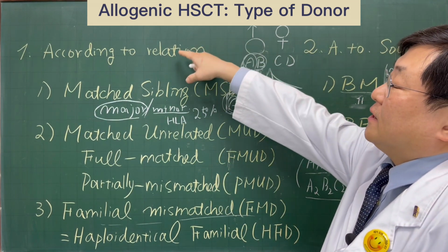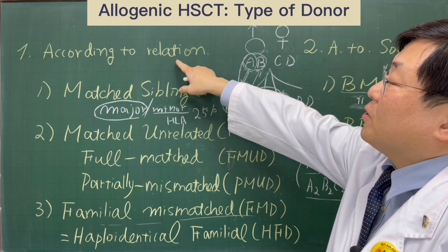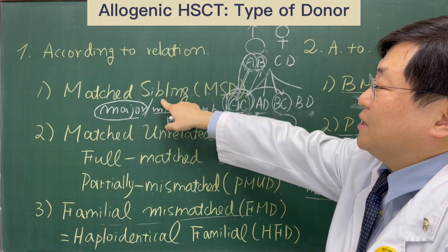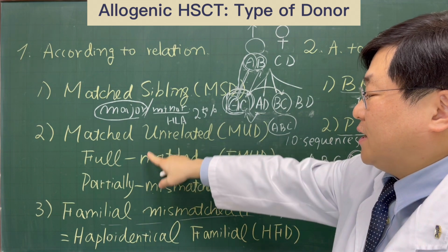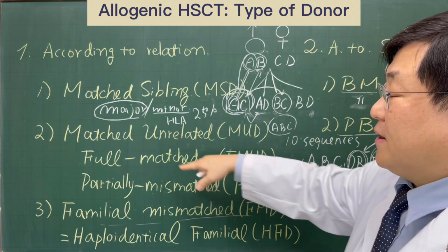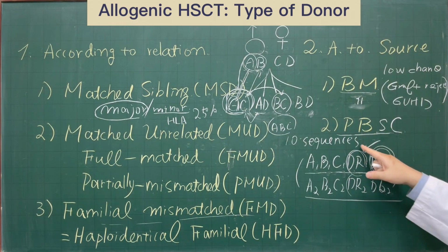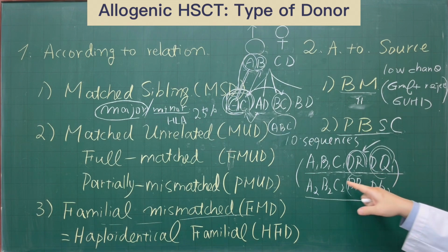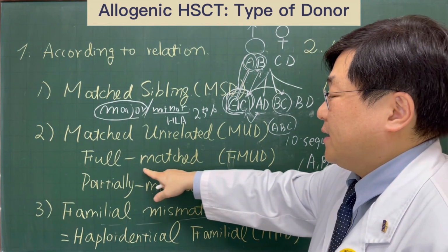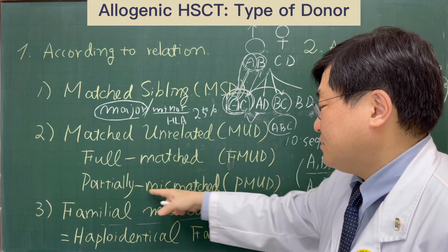We can classify the donor type according to the relationship into matched sibling, matched unrelated, and family mismatched, or haploidentical family donors. For the matched unrelated donor, according to the difference in the HLA molecule, we can subclassify it as fully matched or partially mismatched.